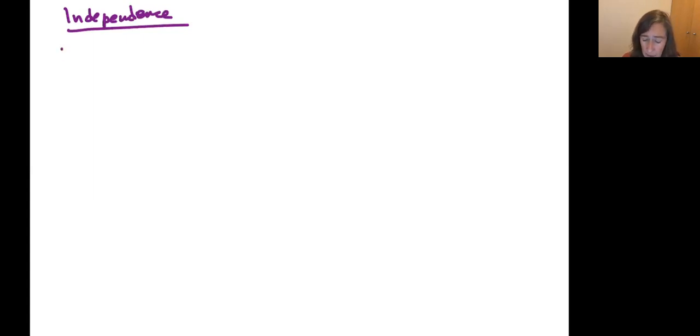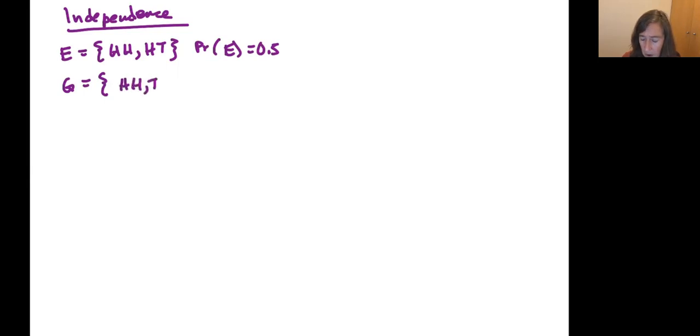And I think I want to first just do another example here. So let's keep E just like it was before, HH, HT. The probability of E is 0.5. But now let's think about a different potential conditioning event. So G is going to be HH, TH.